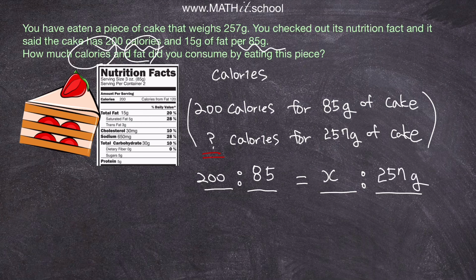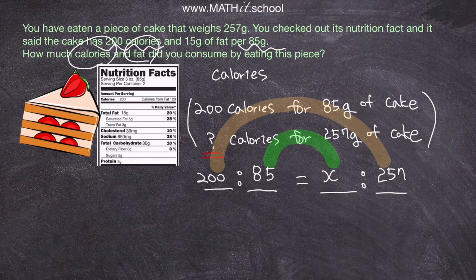On the left side of the proportion we have calories and on the right side we have the weight of the cake, 85 and 257. All there is left to do is solve for the unknown variable x by using our rainbow method. If you want to review it, I'll link it down below. It basically says if you multiply the inner numbers together, it should equal the multiplication of the outer two numbers.